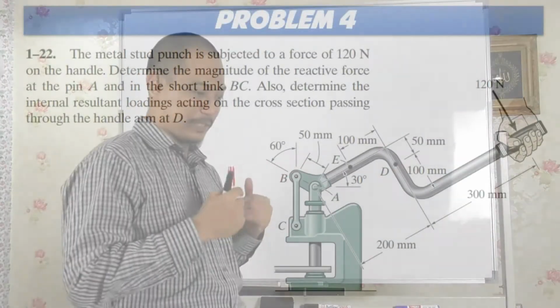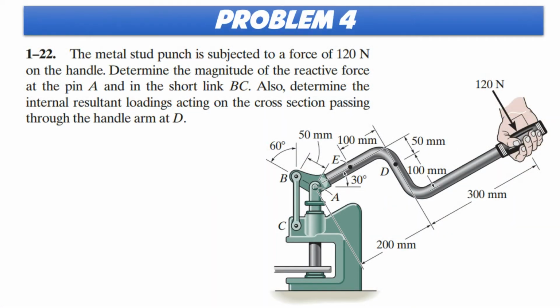So you have the diagram, and the question says the metal stud punch is subjected to a force of 120 Newton on the handle. So at the hand there you have 120 Newton. Determine the magnitude of the reactive force at point A and in the short link BC.